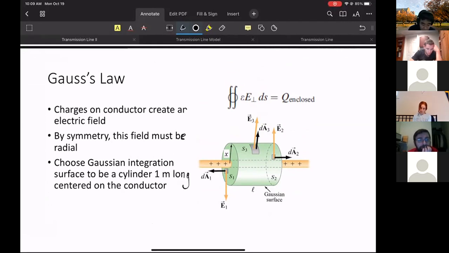So now the integration becomes fairly simple to do. Instead of this weird looking integral, all we have to do is a normal integral. This is a standard one-dimensional scalar integral, integrating over the radial direction.